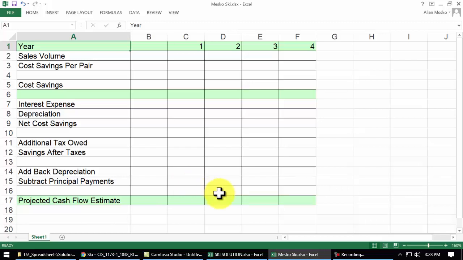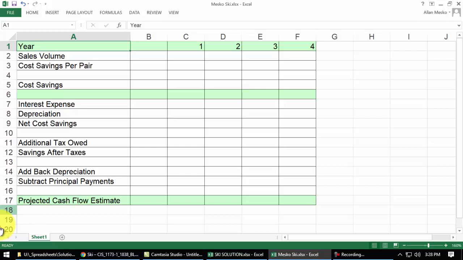Cost of the machine plus installation is estimated to be $1.5 million. The projected cost savings are expected to be $10 per pair of skis. So we're going to spend $1.5 million to save $10 on every pair we manufacture.